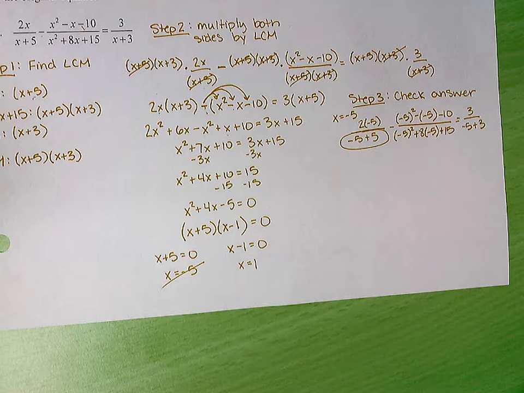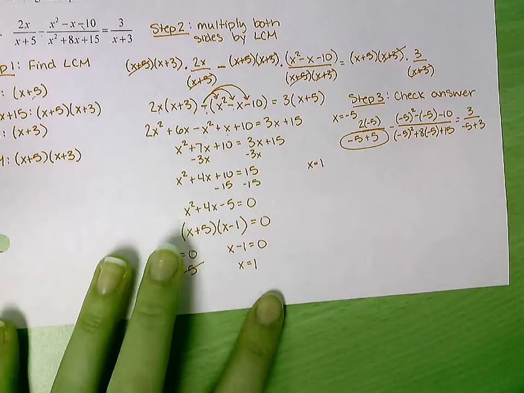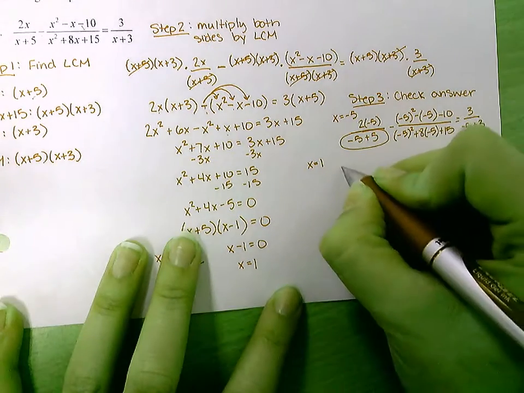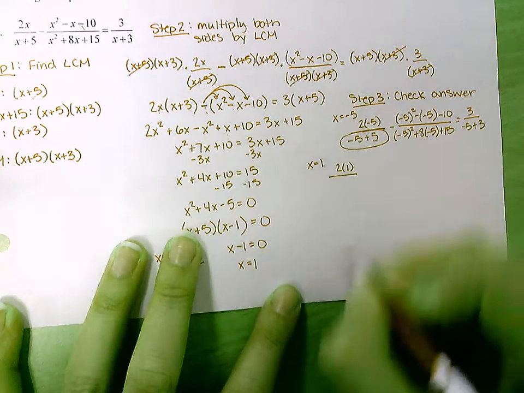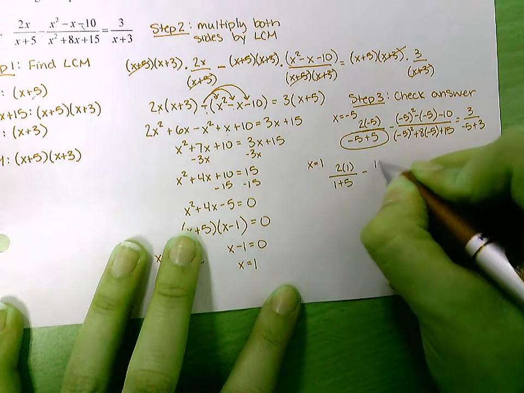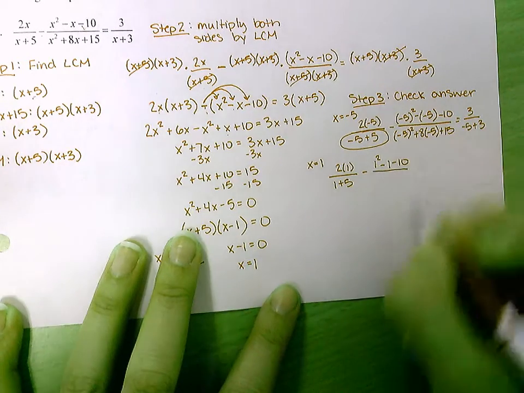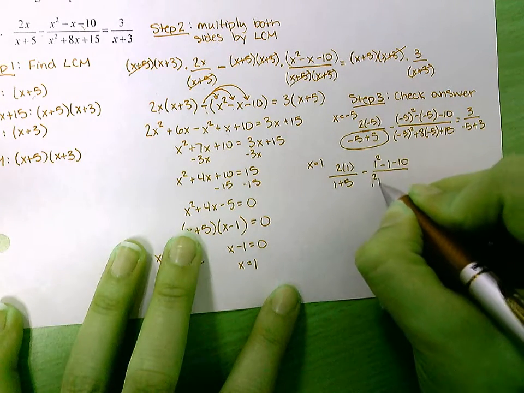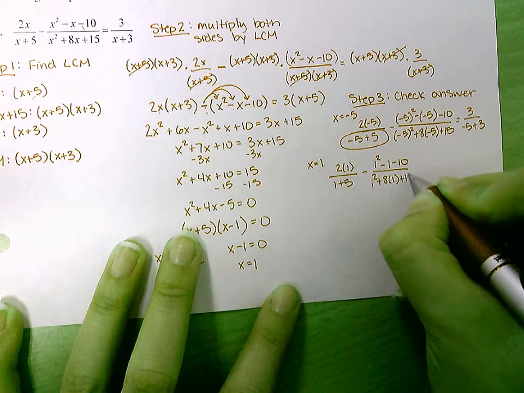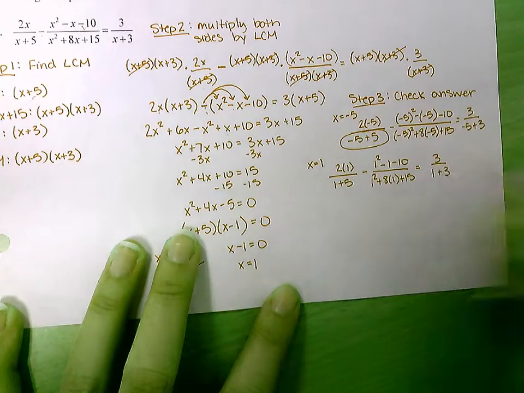You still have to check 1. So we'll still have to plug in 1 here. So now when I plug in x is equal to 1, I have 2 times 1 over 1 plus 5, minus 1 squared minus 1 minus 10, over 1 squared plus 8 times 1 plus 15, is equal to 3 over 1 plus 3.